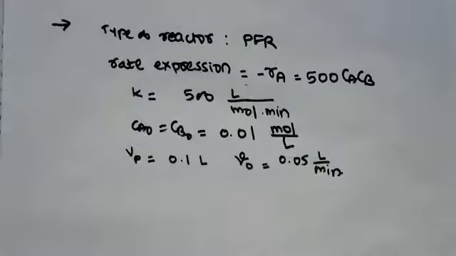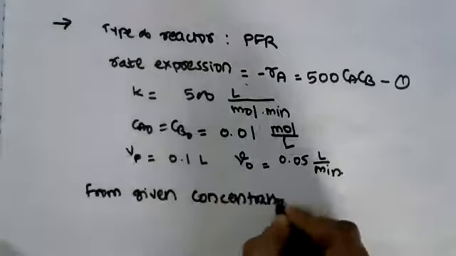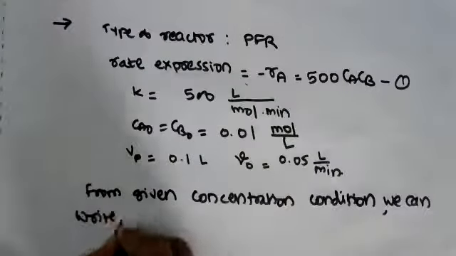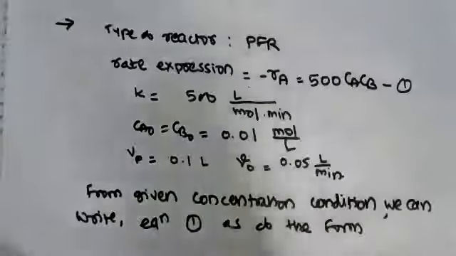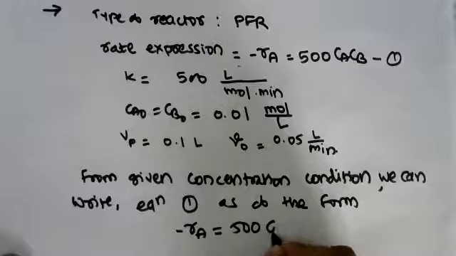However, since it is mentioned that Ca0 is equal to Cb0 is equal to 0.01 mole per liter, from the given concentration condition we can write equation 1 in the form minus Ra is equal to 500 Ca square.